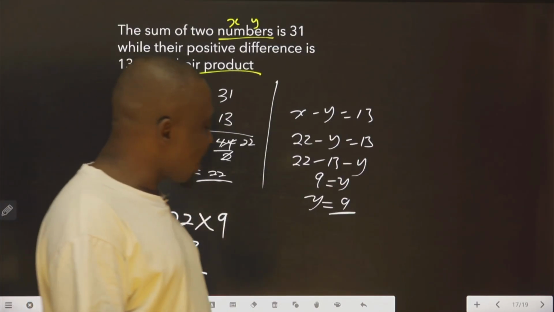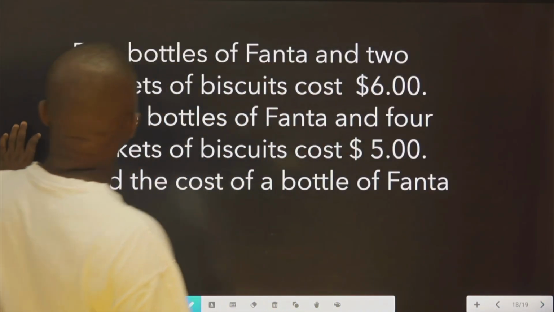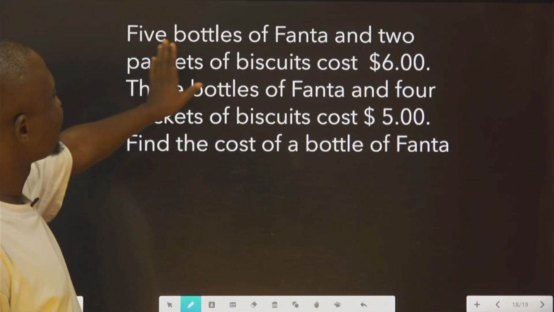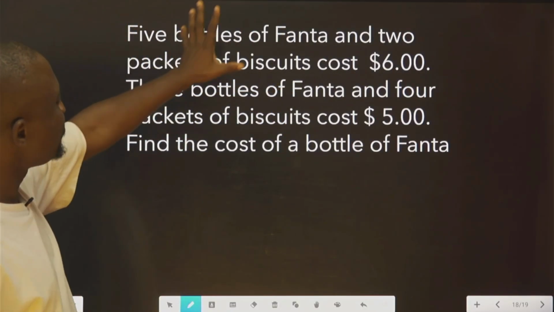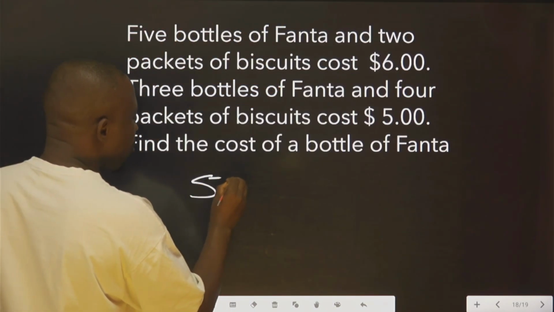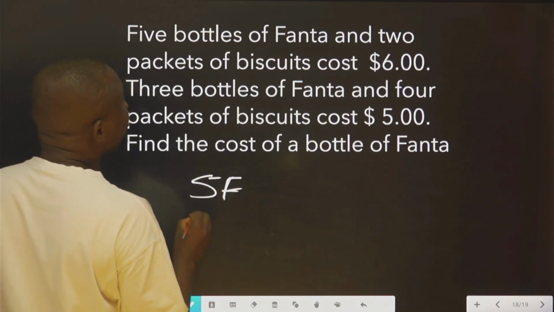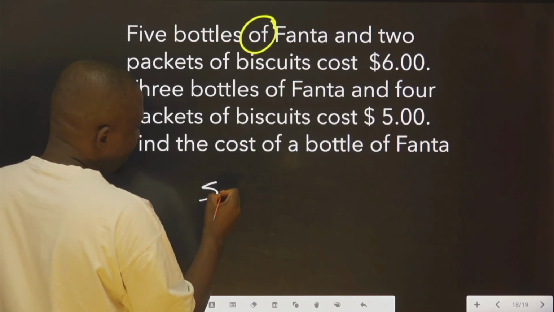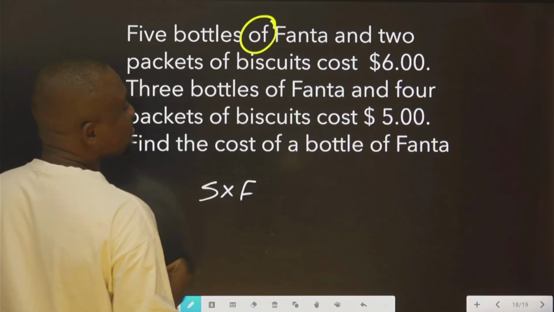Okay? Now, let's solve the last one. You must follow the wording. 5 bottles of Fanta and 2 packets of biscuit cost 6. 5 bottles of Fanta, of means times, that is 5 multiplied by Fanta.